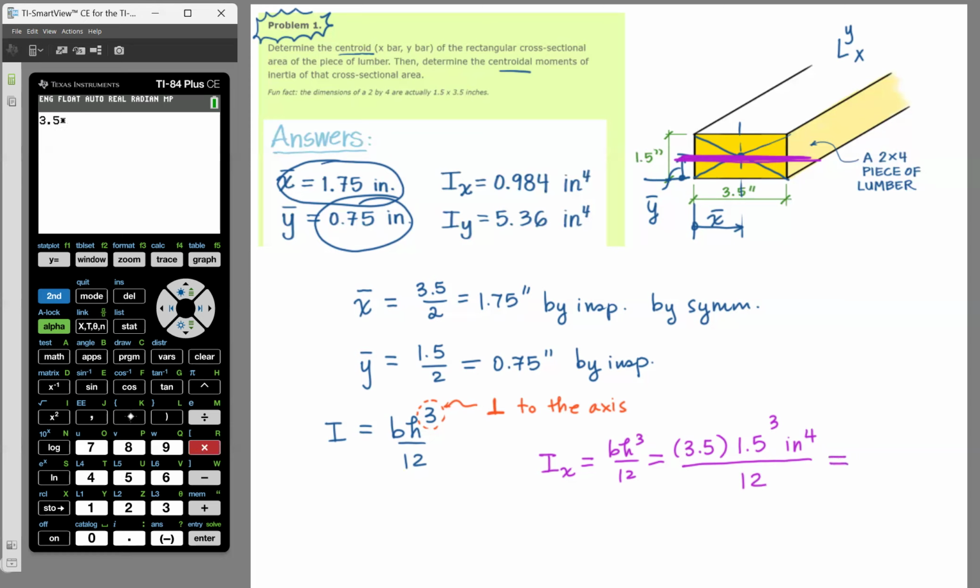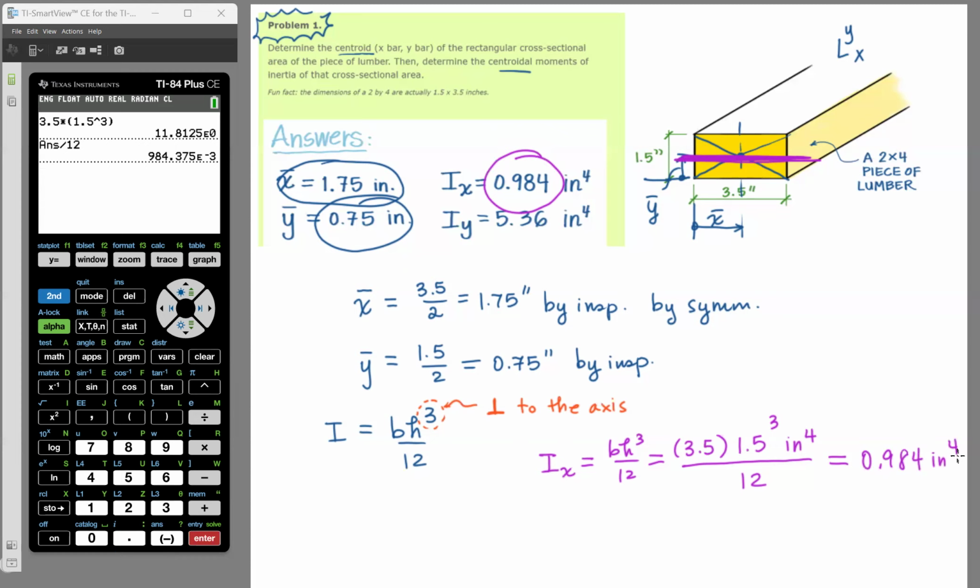I'm going to turn off my math print because I do a little better with classic mode. So 3.5 times open parentheses 1.5 cubed and close parentheses divided by 12. And we get the answer that's given to you here, 0.984 inches to the fourth.